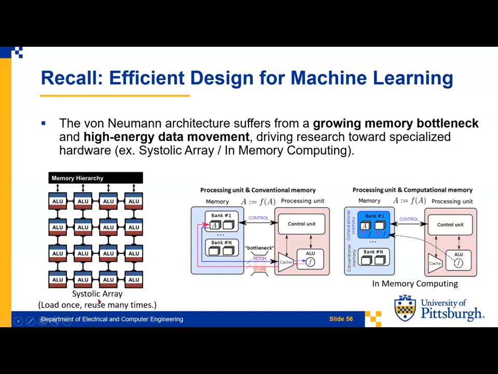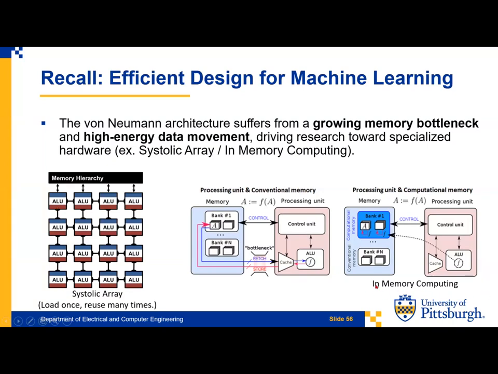The most important thing for the systolic array is load data once, and the data will propagate through all processing elements, reusing the data many times, so you don't need a lot of communication, a lot of data movement between the memory and the processor.